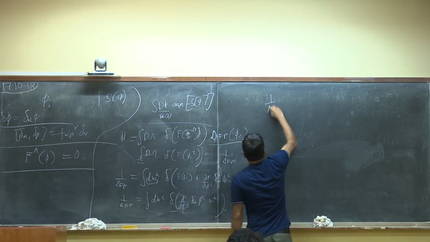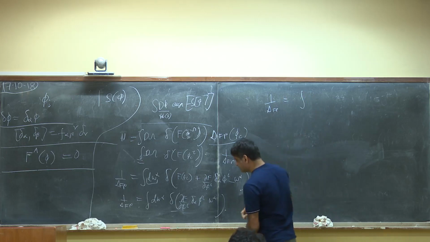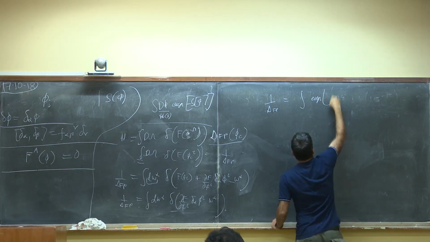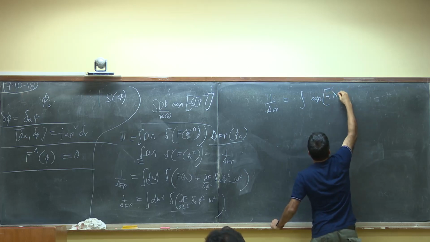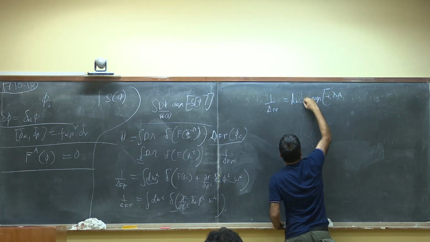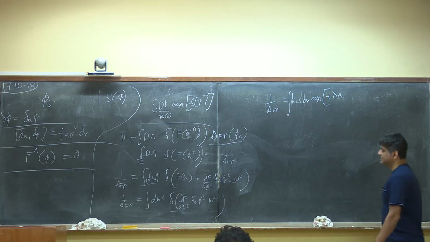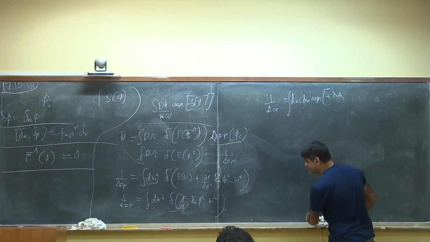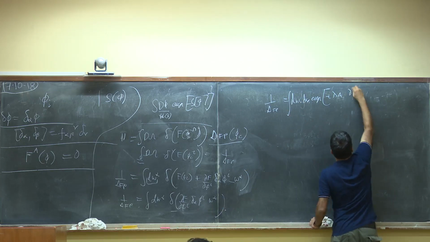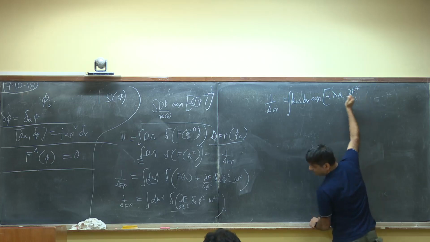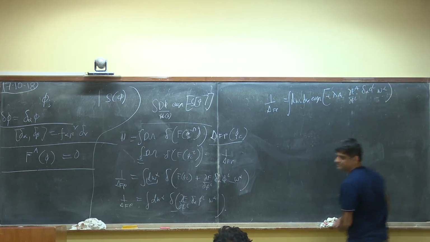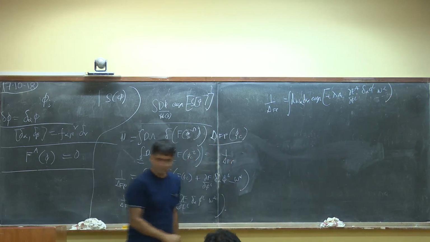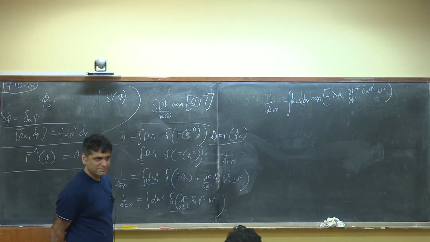And therefore 1 by delta fp is equal to the integral d omega d lambda, exponential of I lambda, I'm just exponentiating the delta function, times del f a by del phi I delta alpha phi I times omega alpha. All good?